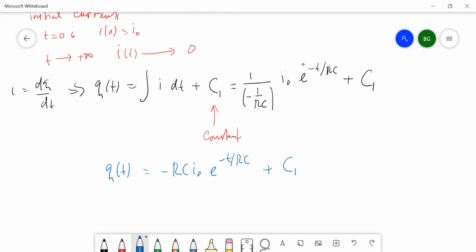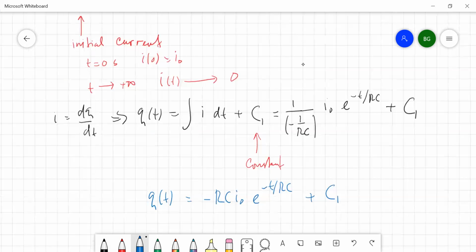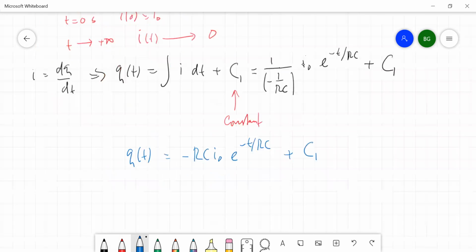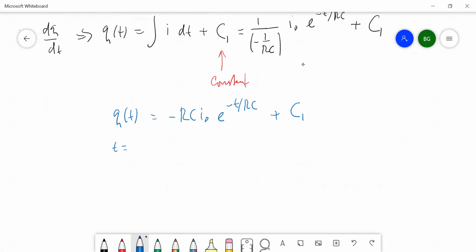At t equals 0, Q is 0. So we get 0 equals minus RC I0 plus C1, so C1 equals RC I0.